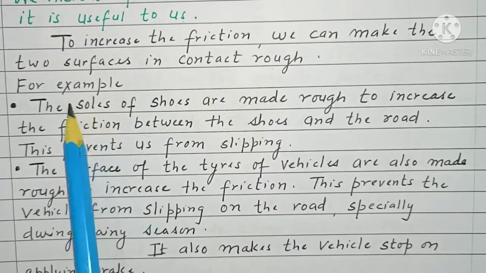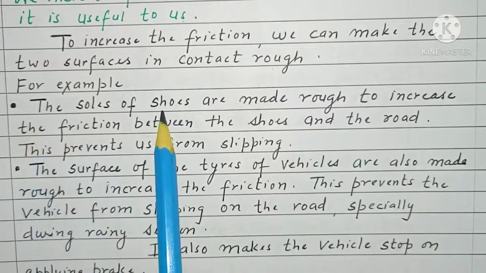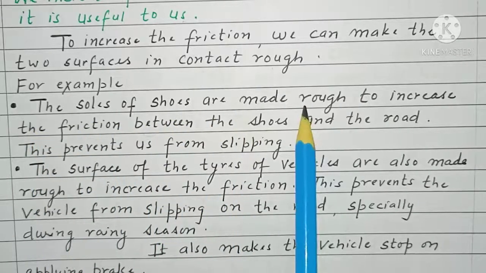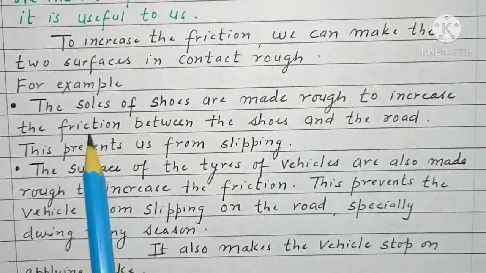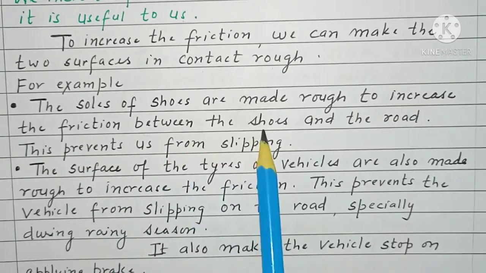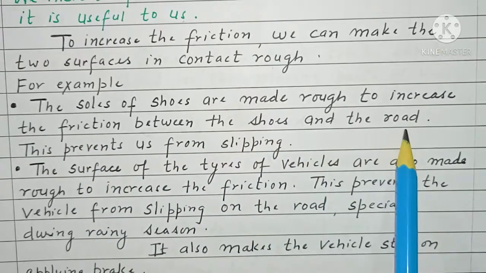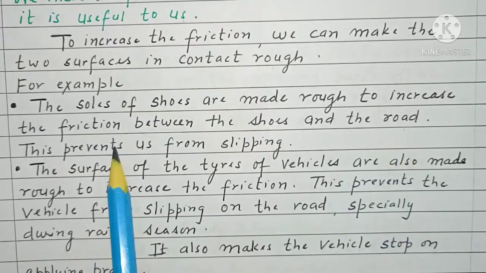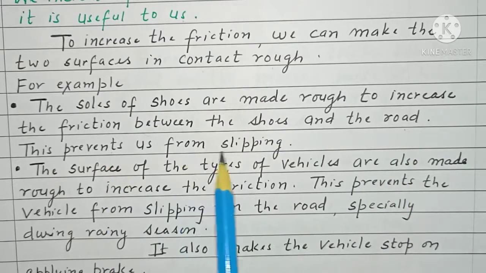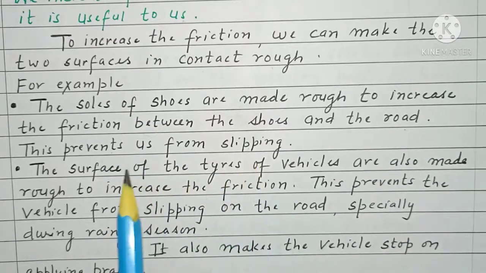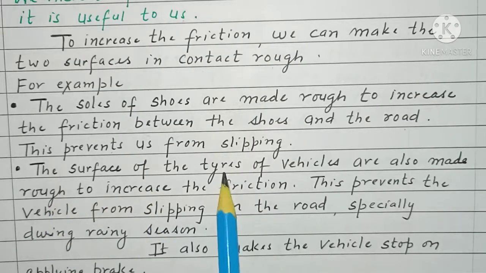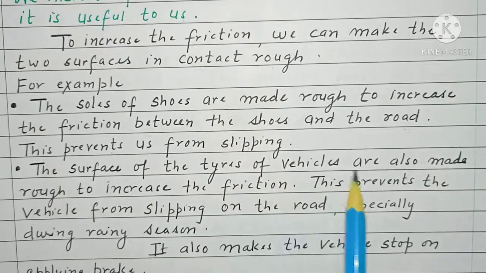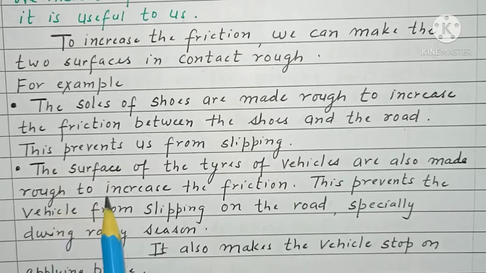For example, the soles of shoes are made rough to increase the friction between the shoes and the road, and this prevents us from slipping. The surface of the tires of vehicles are also made rough to increase the friction.